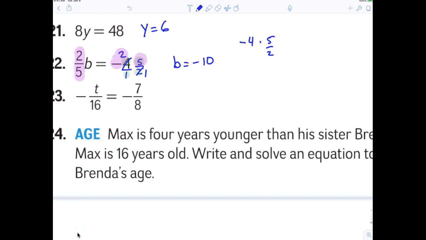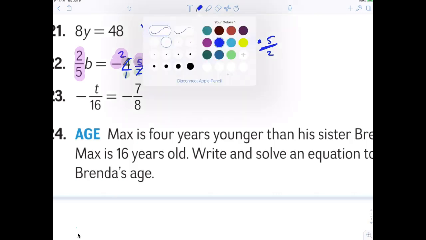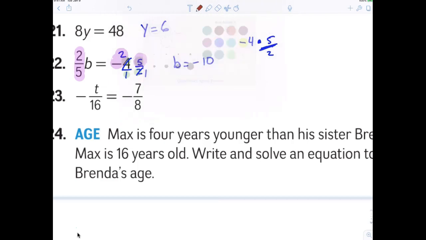But sometimes, in my opinion, it's easier to do the division first. 4 divided by 2 is what? 2 times 5. Same answer. Do you agree? Because keep in mind now, we're multiplying and we're dividing. So as long as you do both operations, you're going to end up with the same answer. Everybody good with this?